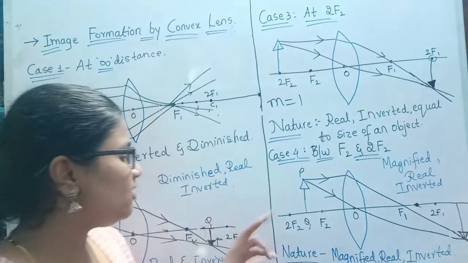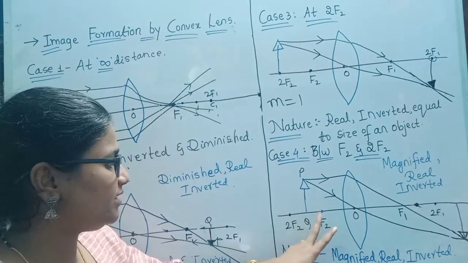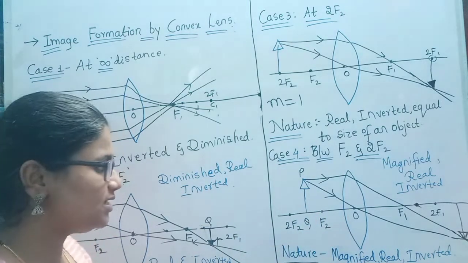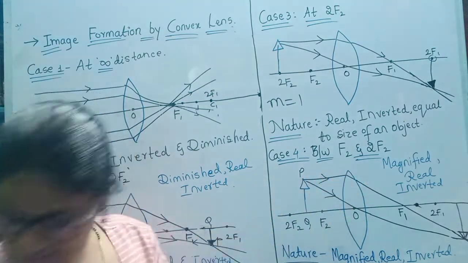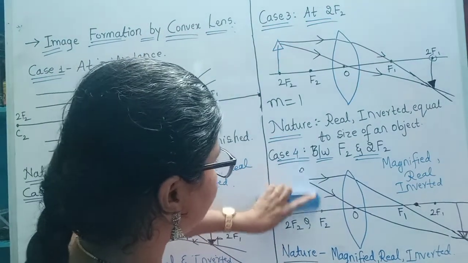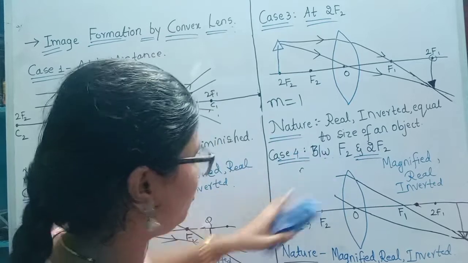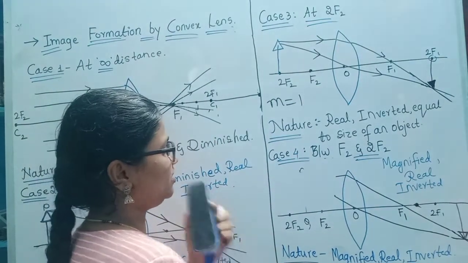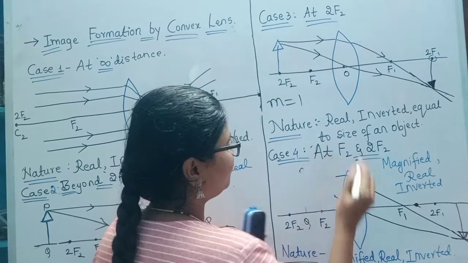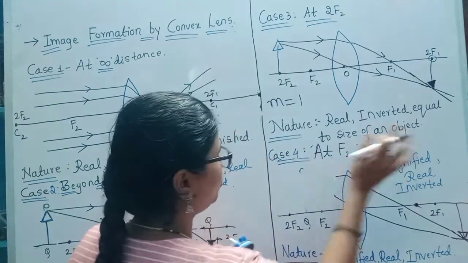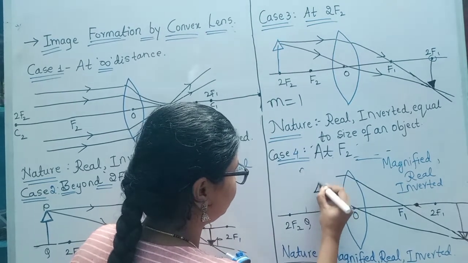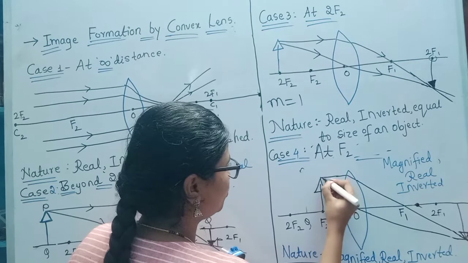Now let us think, when we place an object at f2, at the principal focus, a parallel beam of light again. So here we will keep it at f2 and not at 2f2. Let us place an object here.